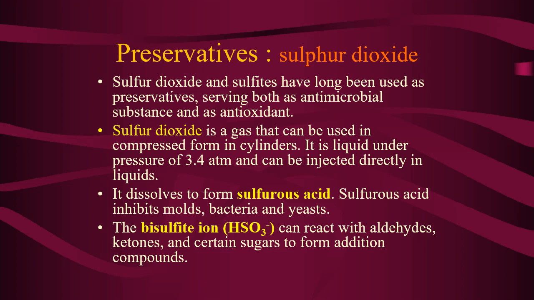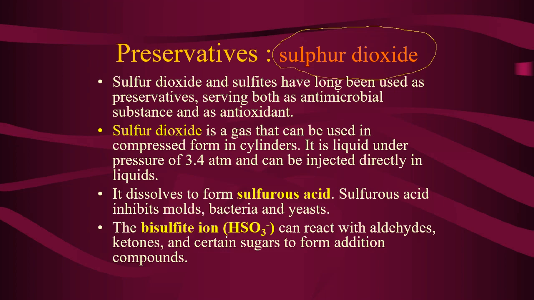Another type of preservative other than benzoic acid is sulfur dioxide. Sulfur dioxide is also acidic. Sulfur dioxide and sulfite have long been used as preservatives, and both of them serve as antimicrobial substances and also antioxidants.